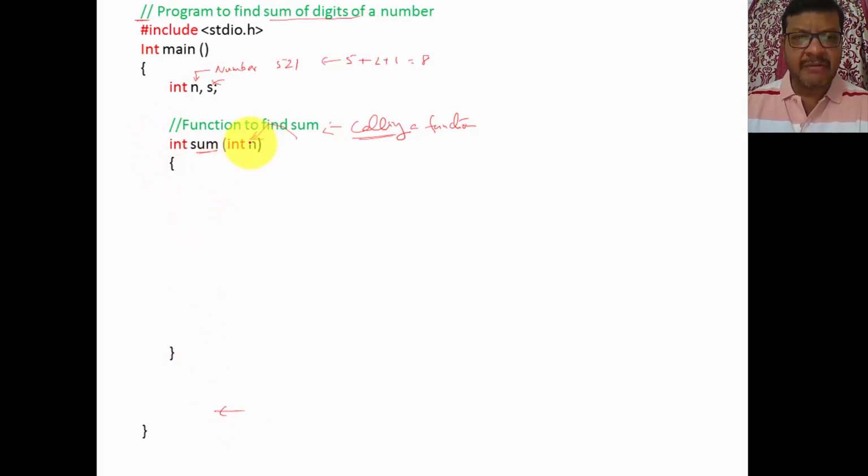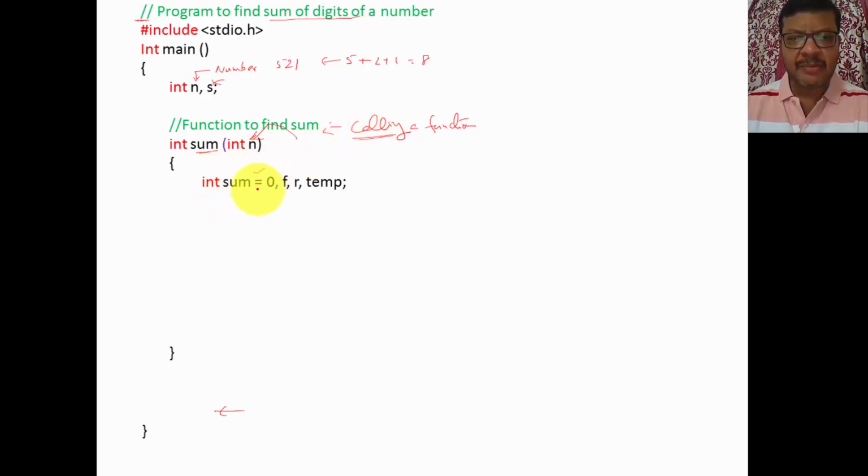Okay, so what is the n value? That n value you have to collect as the input and send it here. That I will write somewhere here. Okay, next, these are the other variables which I am using inside this function. Sum is the variable where I want to store the sum of all the digits inside this function.